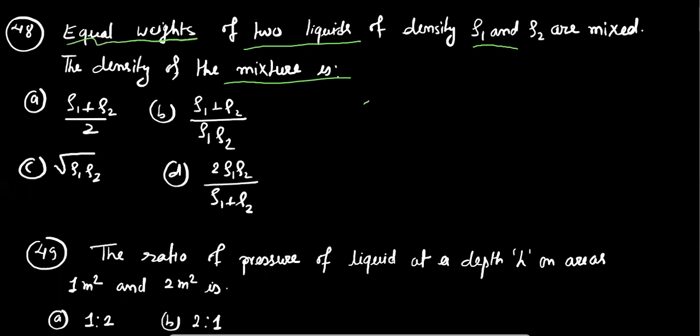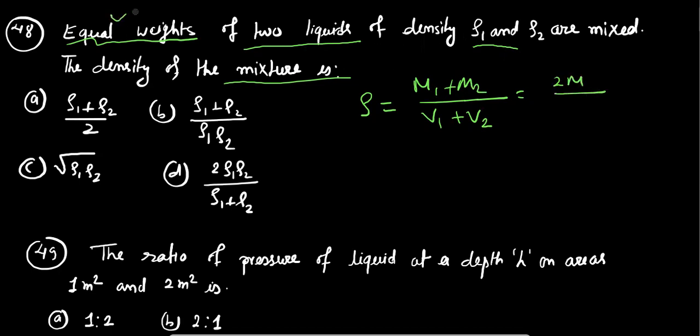So suppose rho be the overall density of the liquid, m1 and m2 be their individual weights, and v1 and v2 are their volumes. Okay, so here I'm going to write this as 2m because the total mass, equal weight, is provided here, and I'm going to replace v1 by m by rho 1 and v2 by m by rho 2.